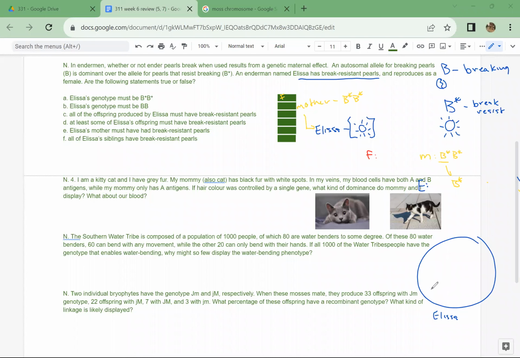And Elisa has her nucleus, and she has her ribosomes doing cell stuff all throughout her cytoplasm. But because of the genetic maternal effect, the genotype of the mother is passed on into Elisa's cells.